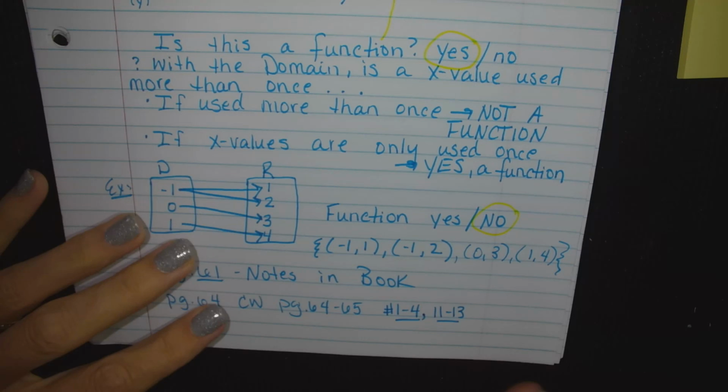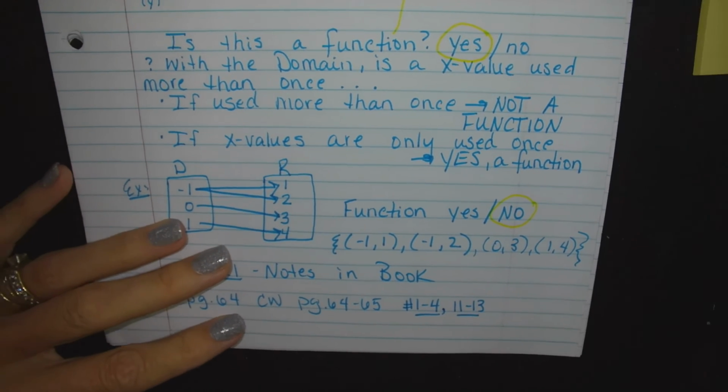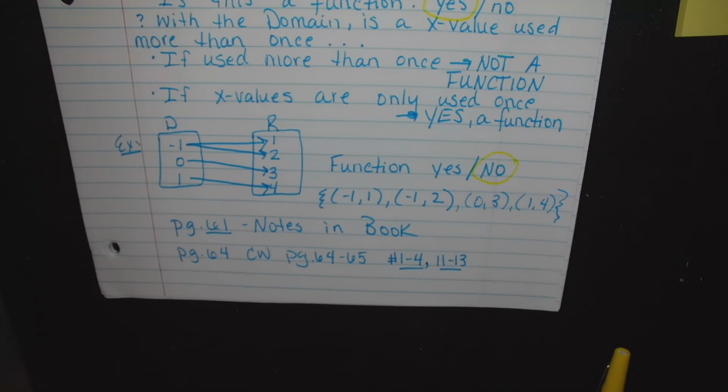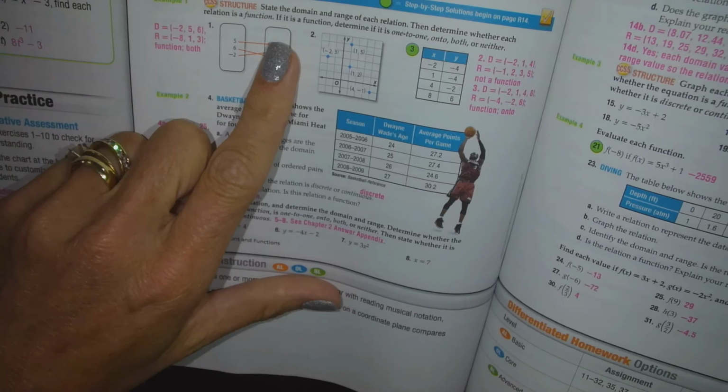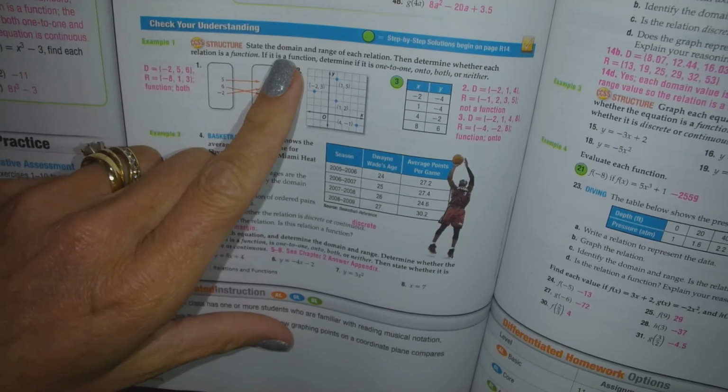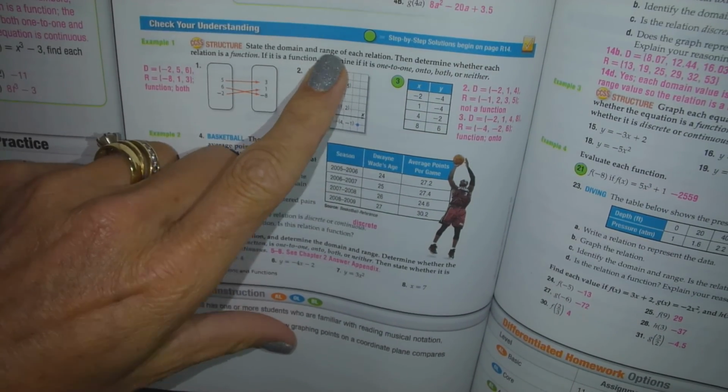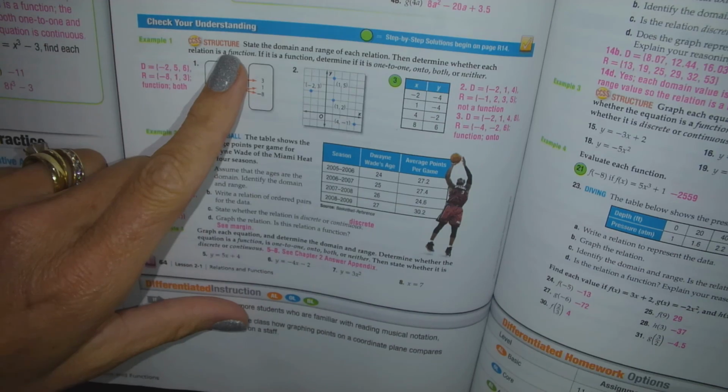Do those now. Let me clarify the directions. I'm gonna show you this real quick, and then I'll move. Look at these directions. State domain and range, then determine whether it's a function.